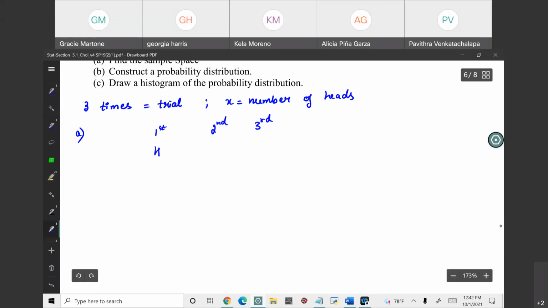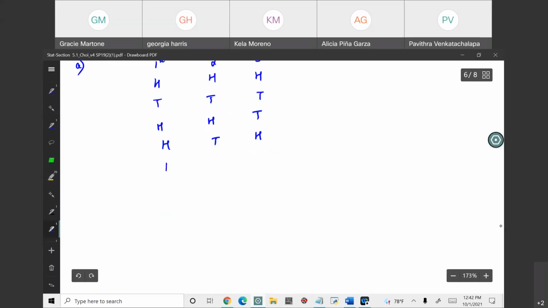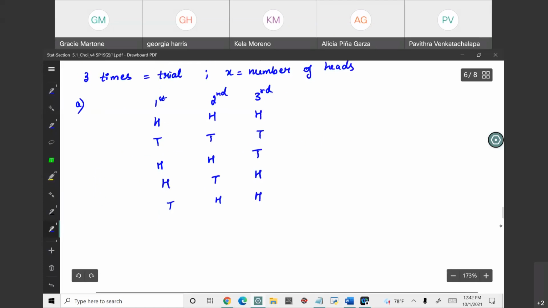I might get head all the 3 times, or it can be tails, or head, tails, head. You just have to shuffle. Tails, head, head.